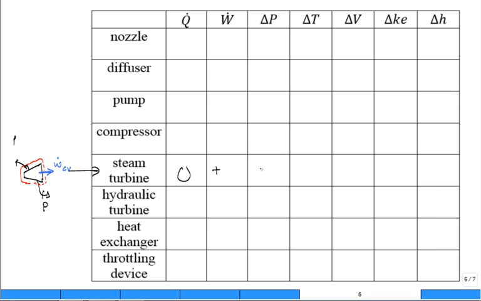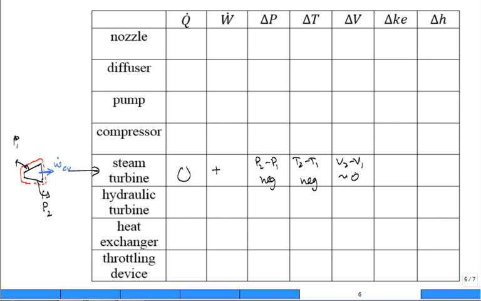What about the pressure change? This is P2 minus P1. What about the exit pressure compared to the inlet pressure? Lower. This could be negative. The exit pressure is less. What about the exit temperature, T2 minus T1? It's negative. It's lower. It's less. How about the speed, V2 minus V1?